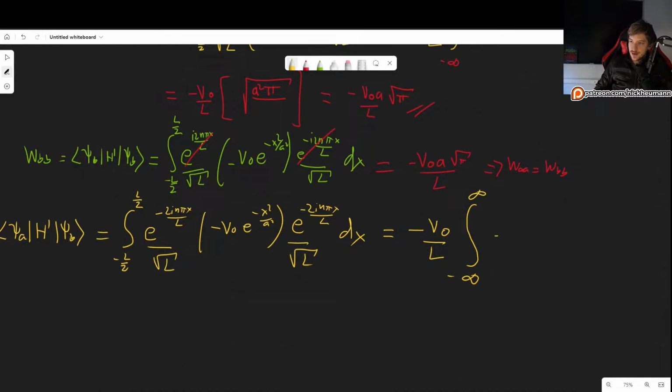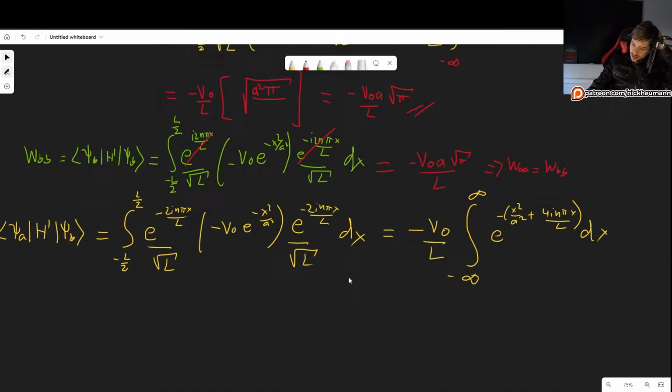And then we have e to the minus x squared over a squared, and then plus 4i n pi x over L dx. So how do we solve this integral? Now, we have actually faced basically this exact integral in a previous problem quite some time ago.